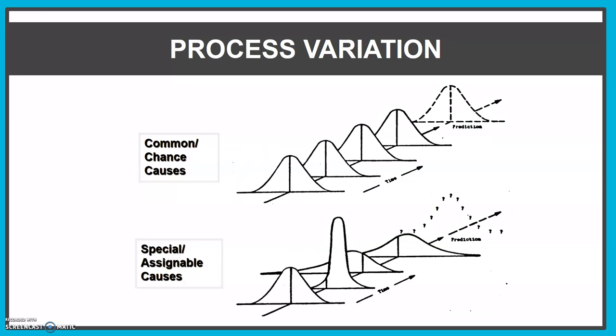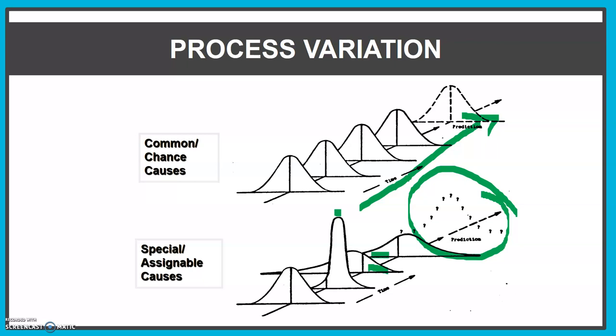Maybe today we produce good products, tomorrow suddenly, oh, we're not good. Then suddenly too many defects. Then you cannot predict your future. How is it? If it's a common cause, the process is very stable, and you can predict the quality from the process.